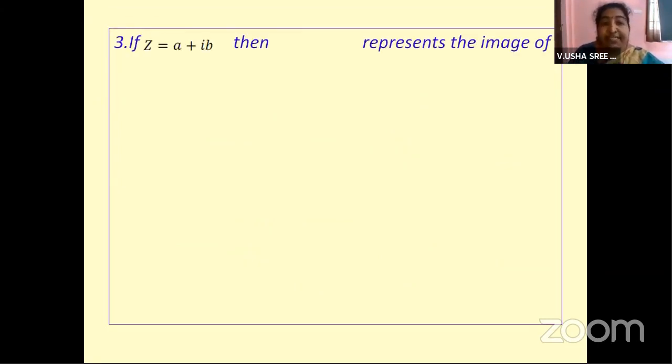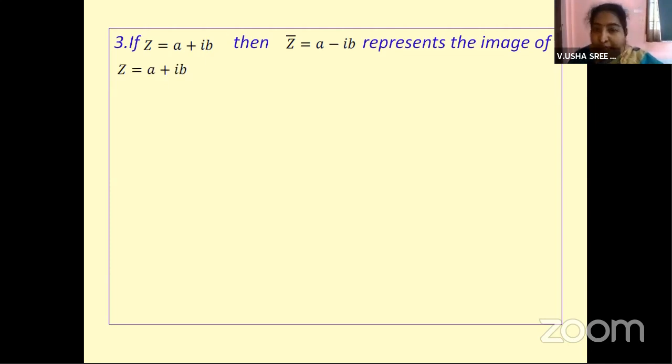Right. The next point we will see is, if z is equal to a plus ib is a complex number, then what should be its conjugate? Its conjugate should be a minus ib, isn't it? If z is a plus ib, then z bar is equal to a minus ib. A complex number and its conjugate: the conjugate always represents the image of the given complex number.